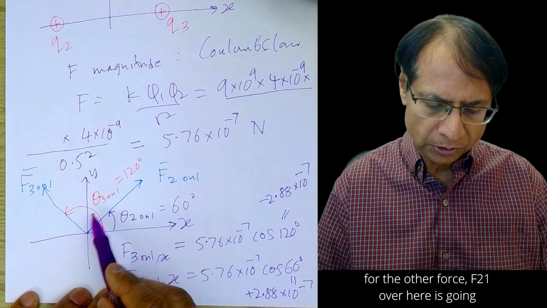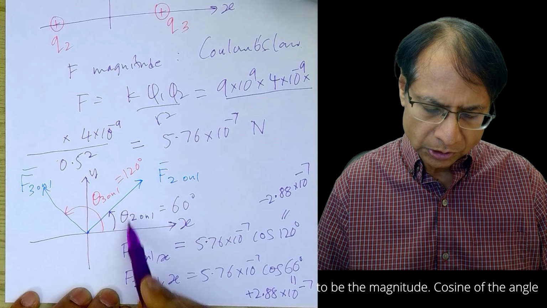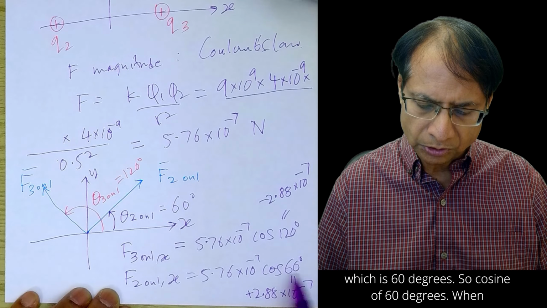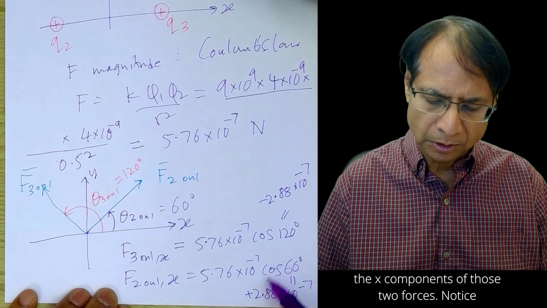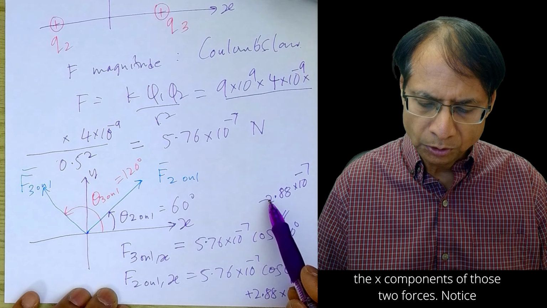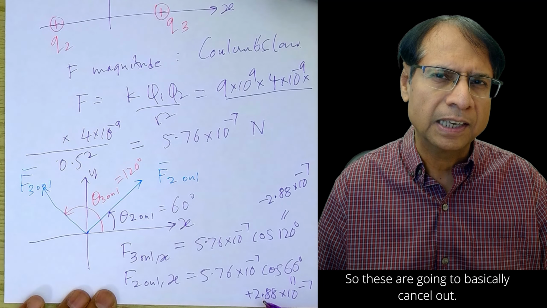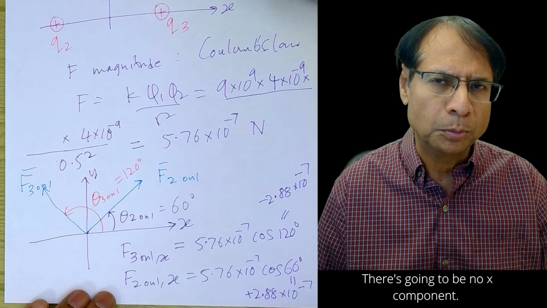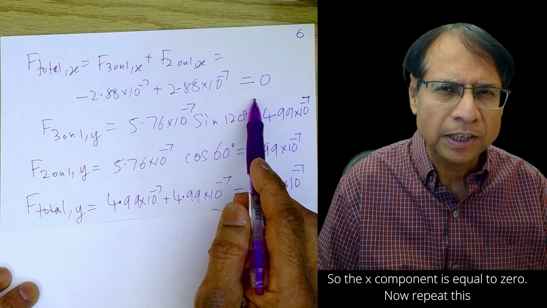Similarly for the other force, F2 on 1, it's the magnitude times cosine of 60 degrees. When you find these out, these are the x components of those two forces. Notice that one is negative and one is positive, so these are going to cancel out. There's no x component. So the x component is equal to 0.